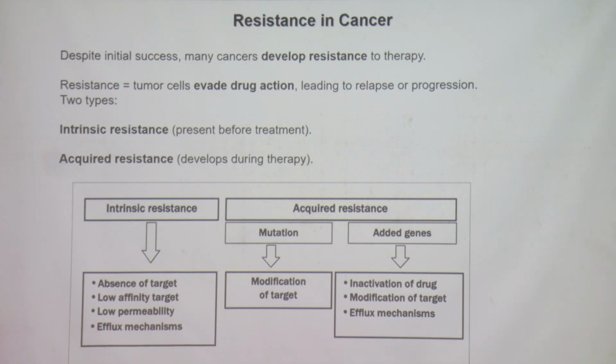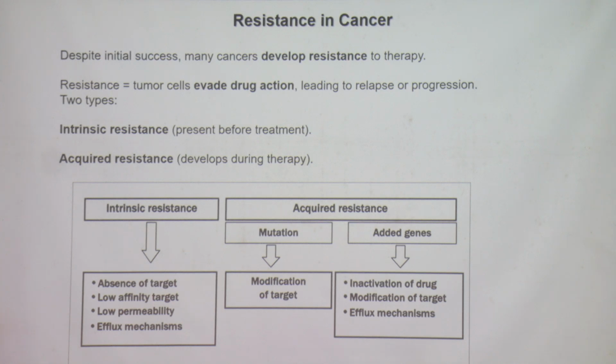For example, with intrinsic resistance, one of the reasons why they are not responding in the first place is that they don't even have that target. Suppose you are giving a drug against BCR-ABL, and the tumor doesn't have BCR-ABL, it's not going to respond to Gleevec. Or there is some mutation in the BCR-ABL in this patient so that it does not bind Gleevec, so it is low affinity.